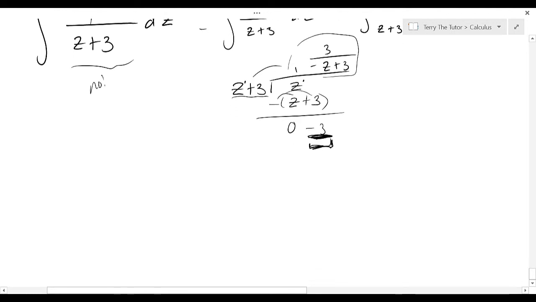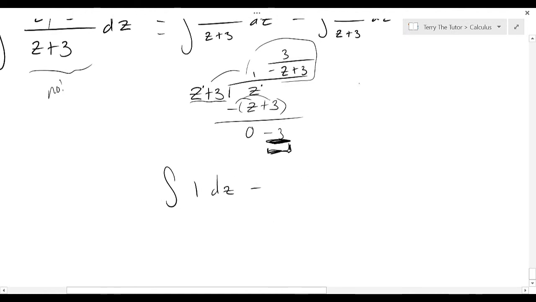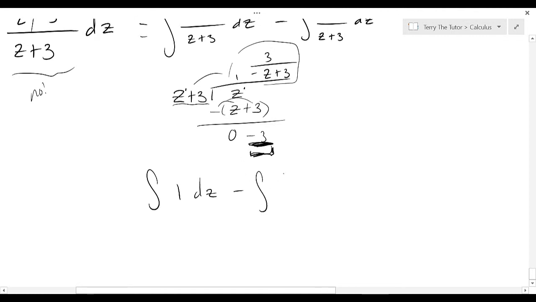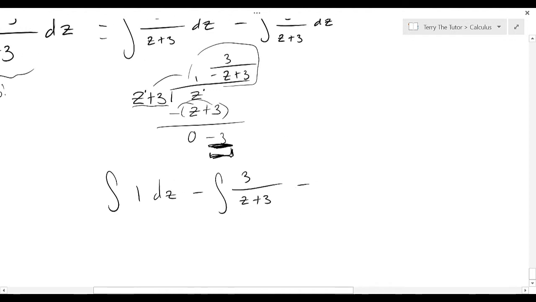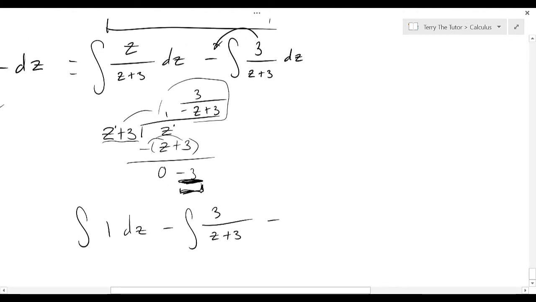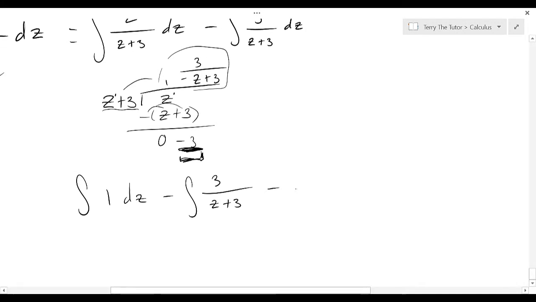Let's move down. We've got the integral of 1 dz minus the integral of 3 over z plus 3, minus the other integral of 3 over z plus 3, with dz.